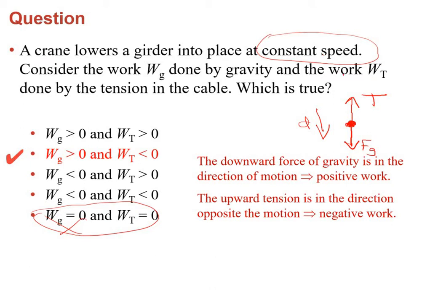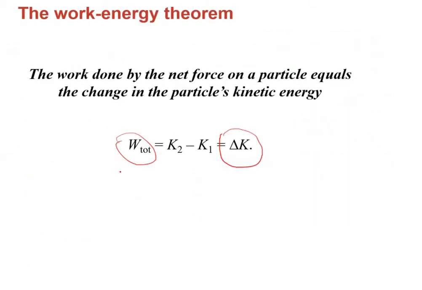That's not true. The work done by individual forces can be non-zero, but they add up to give you zero. The total work would be zero. But if there is a change in kinetic energy, the total work would be non-zero. And that's where the work kinetic energy theorem is useful.